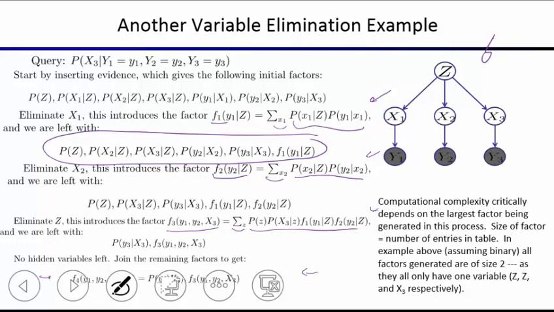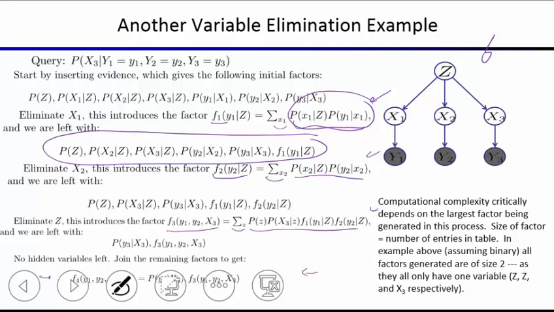So to understand how expensive this is, we need to look at how many entries each of these factors has. So the first one here is essentially joining something that involves two variables, z and x1, so it's a factor over two variables, z and x1. If they're both binary, you compute a table here with 4 entries.